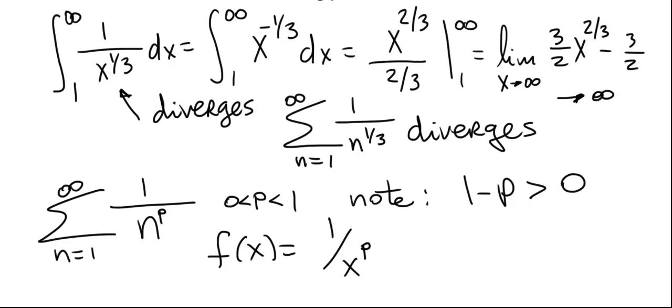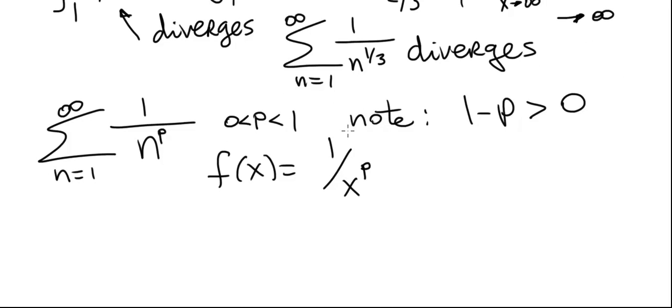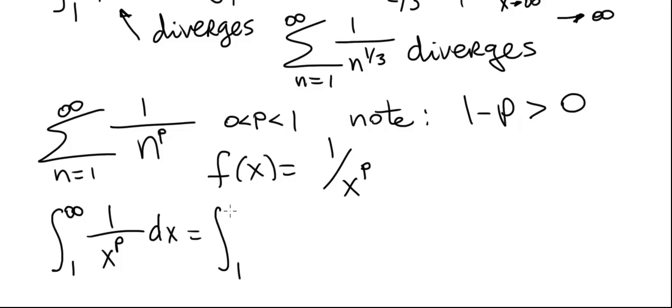And so we can apply the integral test, and that means we can evaluate the improper integral from 1 to infinity of 1 divided by x to the p. Let's rewrite this as the integral from 1 to infinity of x to the minus p. And then when we integrate this, remember how integration works, we add 1 to the exponent.